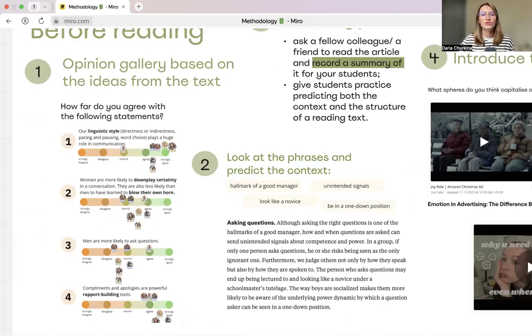So what you do is you read the article or the text yourself before, and fish out the interesting ideas from this article and then create statements, and then ask your students to either agree or disagree with these statements as the first step to prepare your students for further reading.